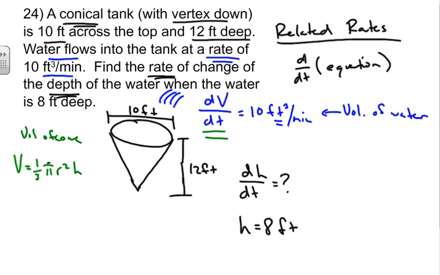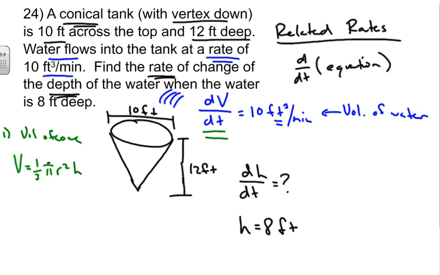Now, once we have the volume of the cone, we are looking for dh/dt. Normally, once we find our equation, we would take the derivative. However, whenever I do this first step, I mentally think about what information we have.